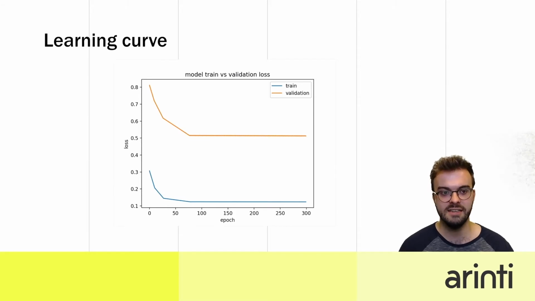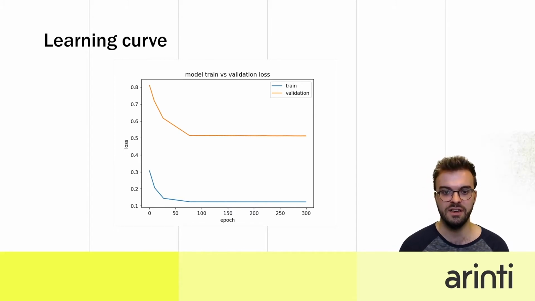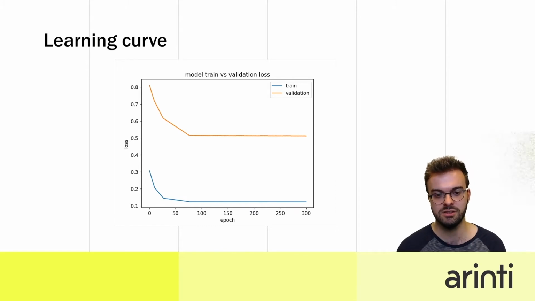It is also always a good idea to look at the learning curves. Usually, most people only look at them in a neural networks context, where you plot both the train and the validation loss over the number of epochs that you're carrying out.